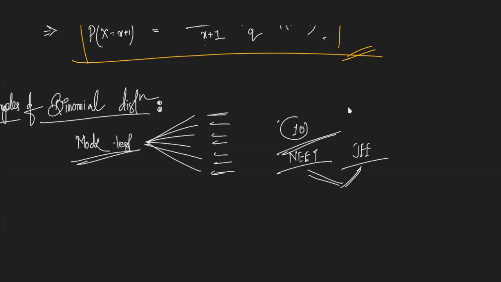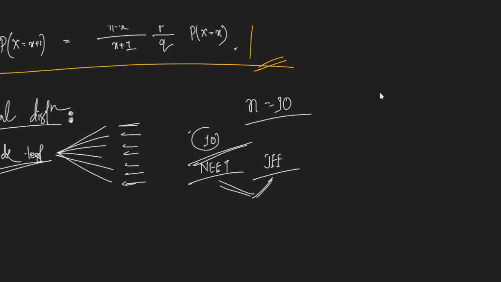So here n equal to 10: 10 trials, 10 Bernoulli trials, because there are only two outcomes: either you will be successful or you will be a failure. If you study well, your success probability will be high and failure probability will be low, but there will be a probability of success and a probability of failure.